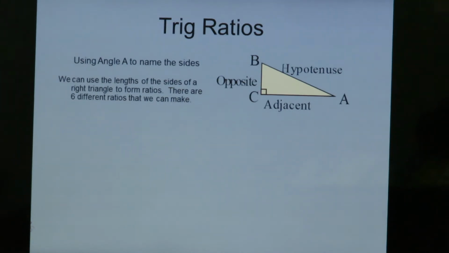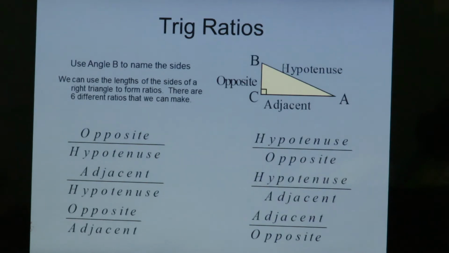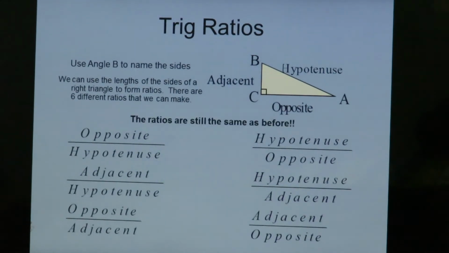There are 6 different ratios that can be made: opposite by hypotenuse, adjacent by hypotenuse, opposite by adjacent, hypotenuse by opposite, hypotenuse by adjacent, adjacent by opposite. Use angle B to name the sides. The ratios are still the same as before.